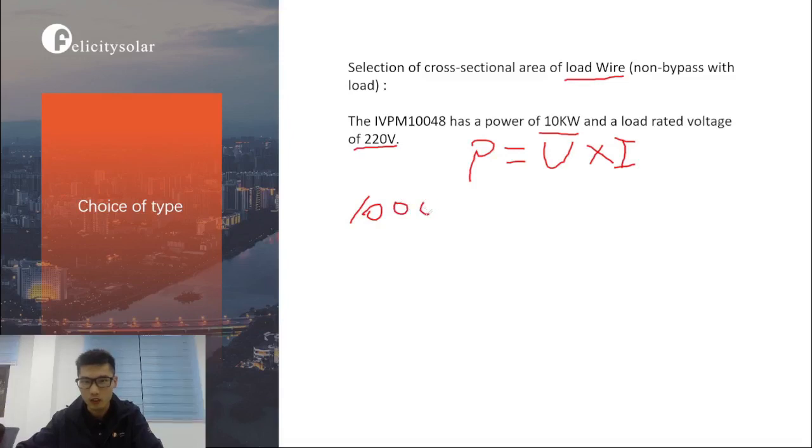So how do we do the calculation? It should be like this, right? 10,000 divided by 220. And the number will be around 46 ampere. So now we know the current is about 46 ampere.